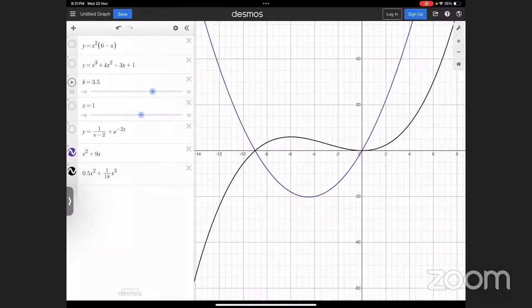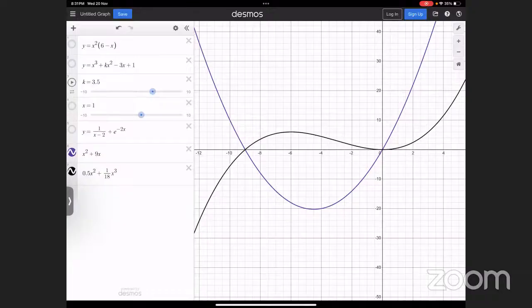Where is it? Minimum. Yeah, it's -5, around there. Oh, -4.5. You are quite correct. You are almost accurate, right?